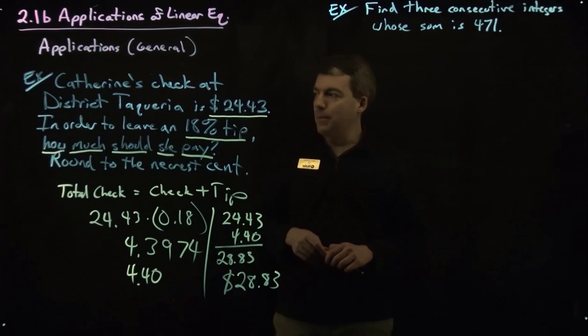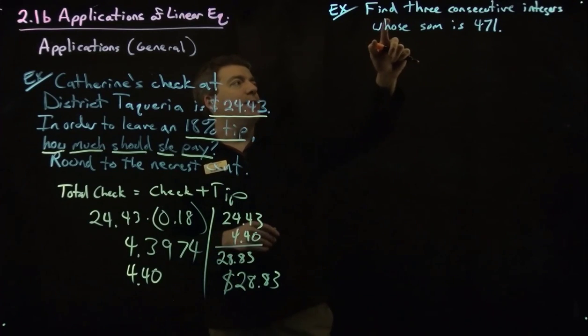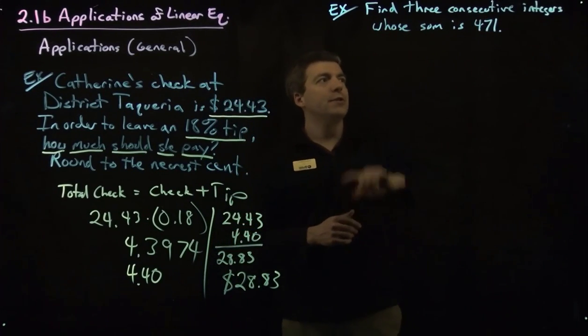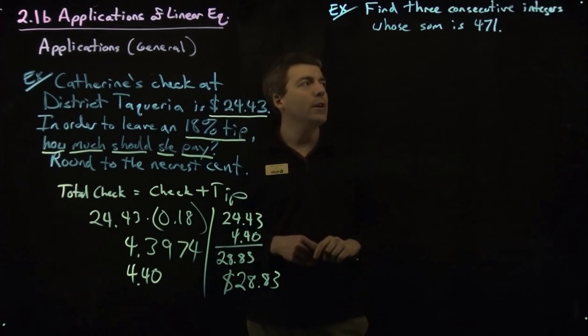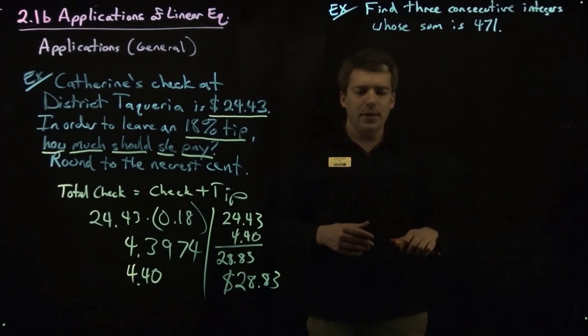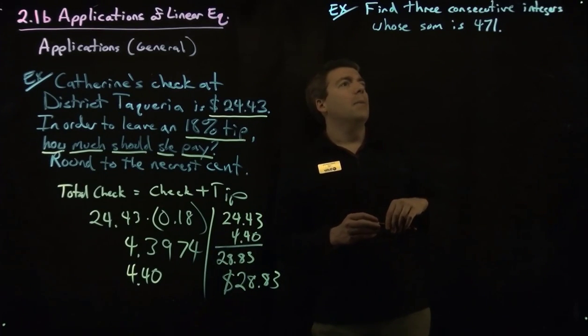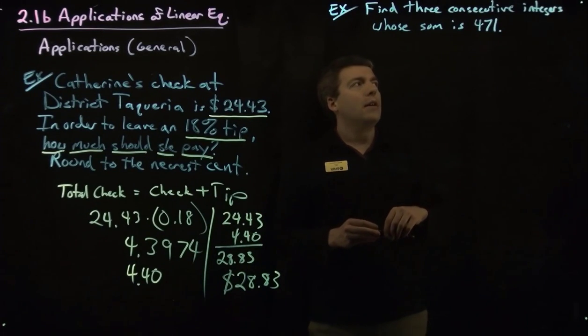Okay, so we've left our tip here at District Takara. Let's look at this number puzzle. So we were asked to find 3 consecutive integers whose sum is 471. Okay, so let's think about what kind of numbers would be consecutive integers.